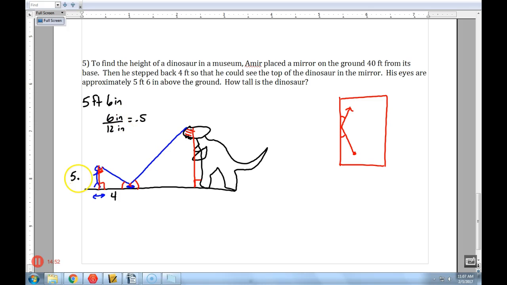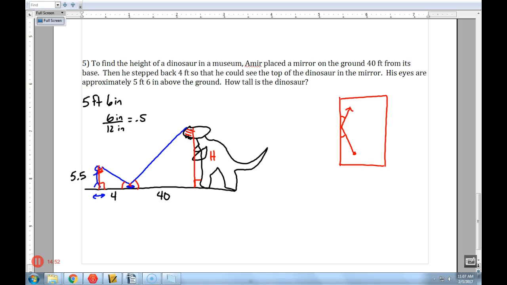So this kid is really 5.5 feet tall. And he's 4 feet away from the mirror. Well, then he measured the distance from the dinosaur on the ground, and it was 40. So that should help me solve for the height of the dinosaur over here using mirrors as opposed to shadows. Still indirect, but same idea.